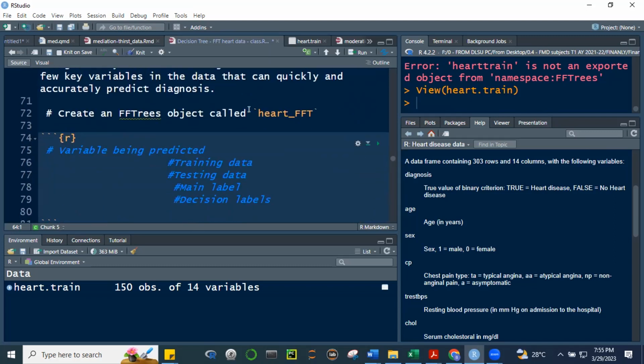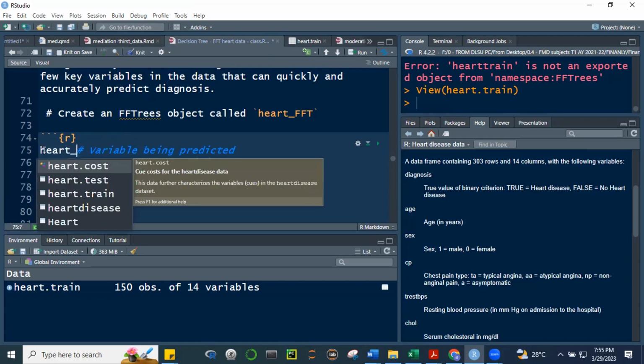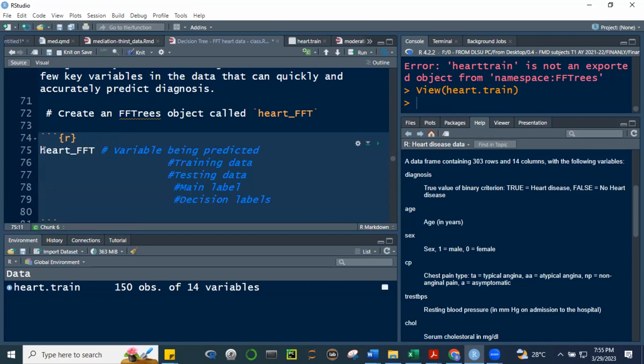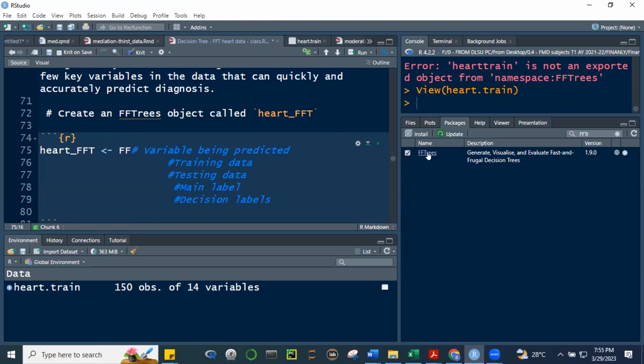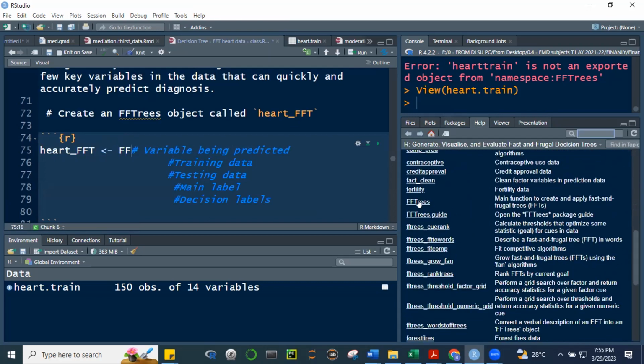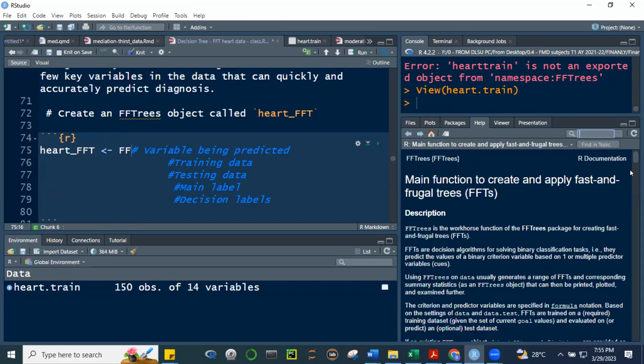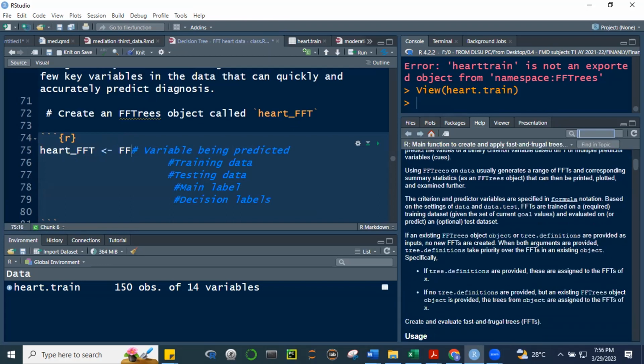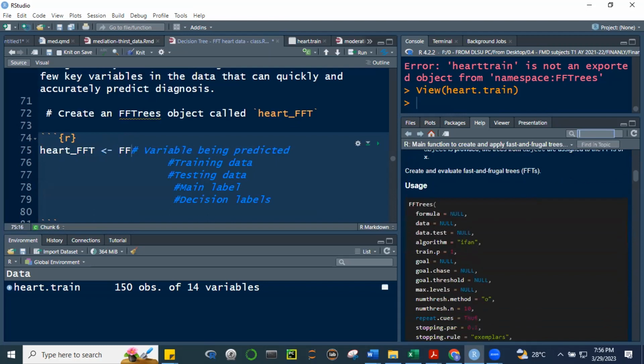okay. Alright, so mag-create tayo ng object na heart FFT. Let's do that, heart underscore FFT. Alright? Tapos, gagamitin natin, balikan natin tong packages natin. We're going to use this main function FFTrees. There. Okay, tapos ito yung syntax niya, no?